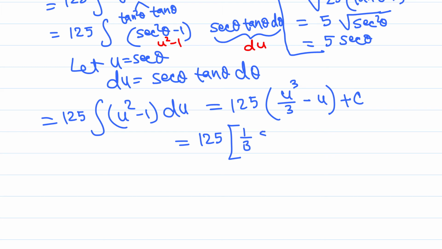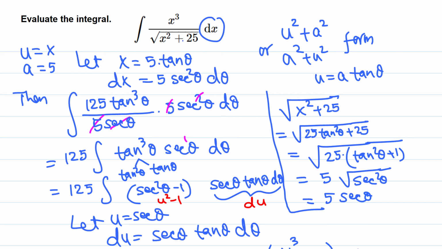U cubed means secant cubed theta, minus u, which is secant theta, plus c. But the question was not in theta, so we need to use this initial substitution to get back to the original variable, which is x.